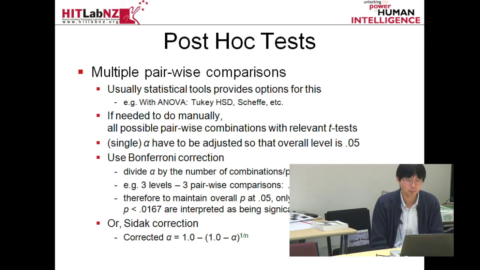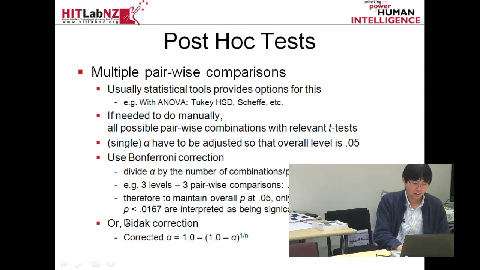I would definitely recommend no more than 3 levels in one independent variable. 4 could be kind of a borderline, but you might end up finding no significant difference between the pairs. So you might end up saying in your paper that you didn't find much meaningful results, and that's a pity.